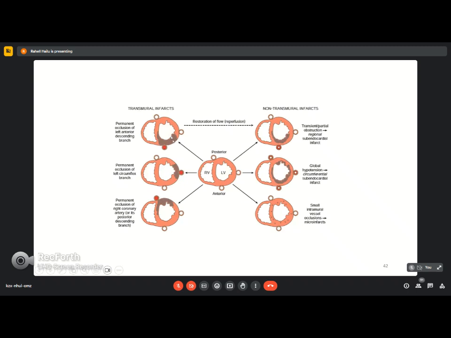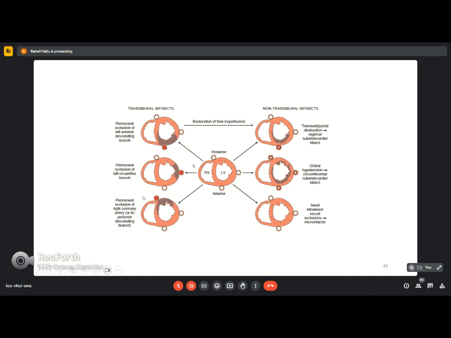So here, transmural, endocardium all the way to the epicardium, involving at least one side of the heart. And again, transmural, another one involving the free wall, here involving one of the walls and the interventricular septum.